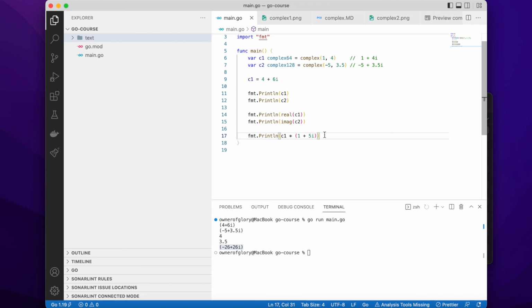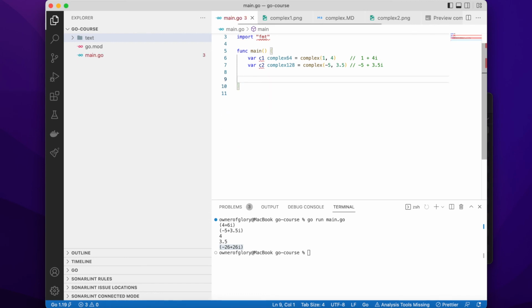Previously, in one of the videos, we talked that in Go, the result of the square root of -1 is actually not a number. This is the special value NaN, not a number. But Go actually has another package. I'm just going to delete all of this.